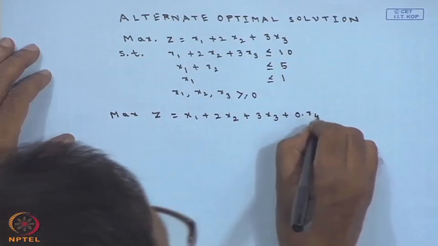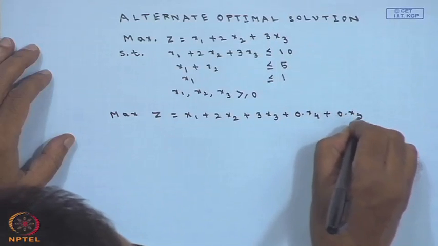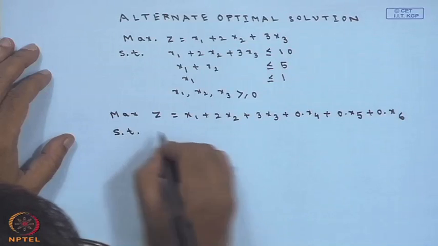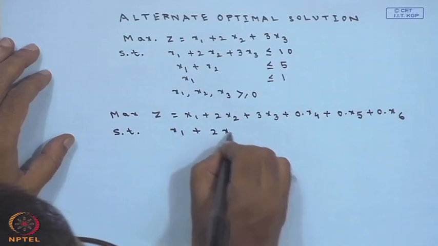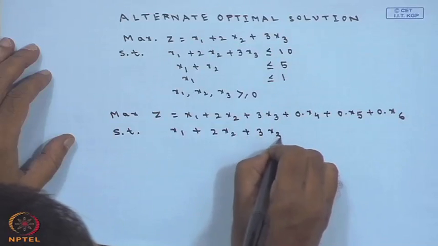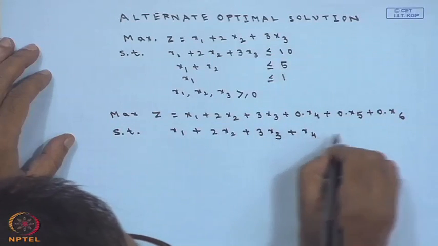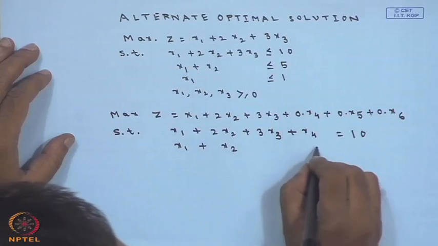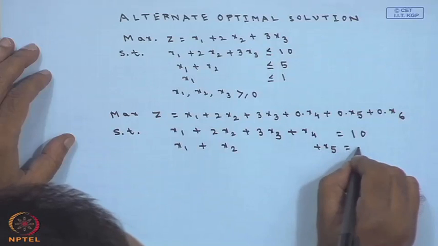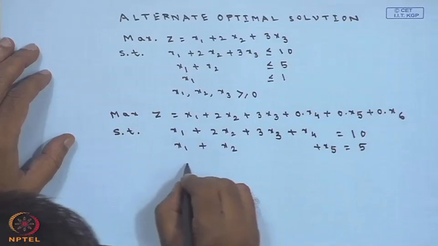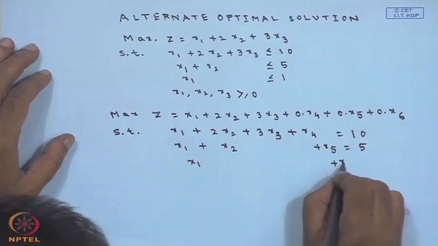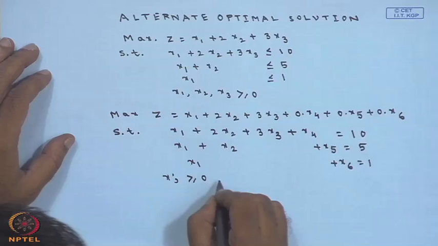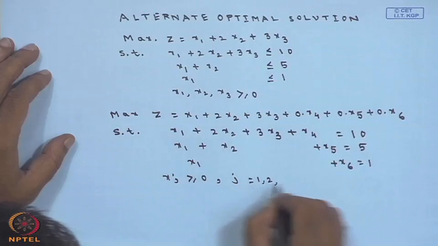So we write plus 0 into x4 plus 0 into x5 plus 0 into x6, subject to x1 plus 2x2 plus 3x3 plus x4 equals 10, x1 plus x2 plus x5 equals 5, and x1 plus x6 equals 1, with xj greater than or equal to 0, where j is 1 to 6.